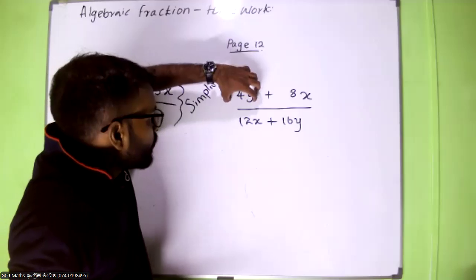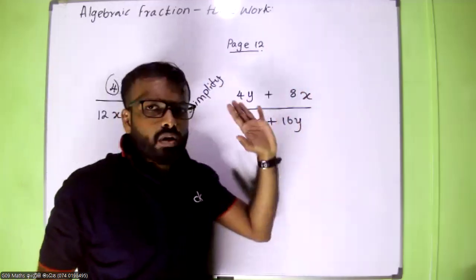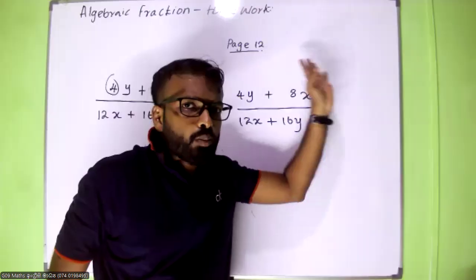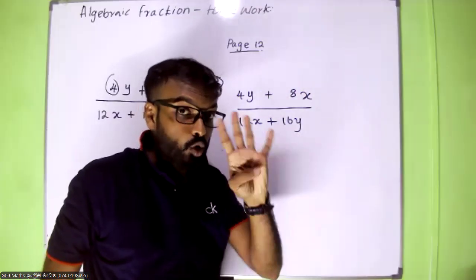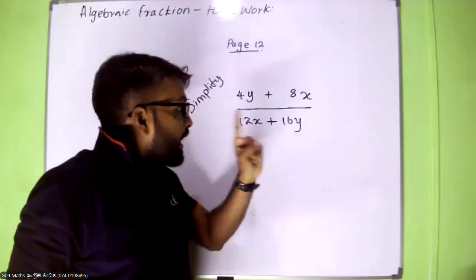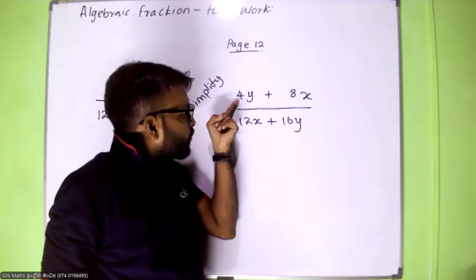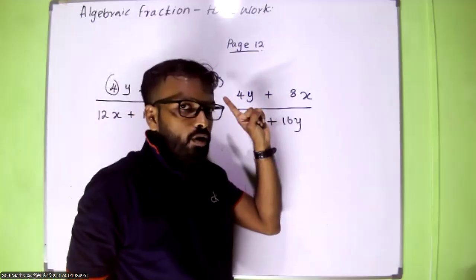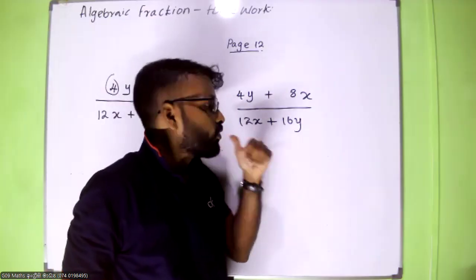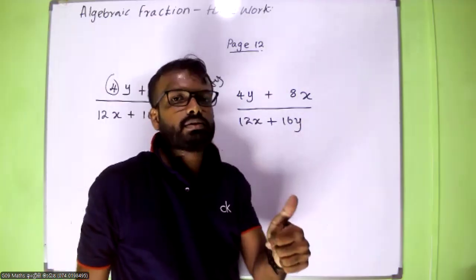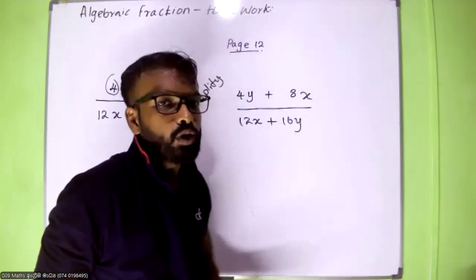But when it comes to here, what happens? Here we have first term, second term, third term, fourth term. There are total 4 terms in the numerator and the denominator. And what can you see here? 4, 8. 8 is a multiple of 4. 12 is a multiple of 4. 16? Yes, it is a multiple of 4. So what can you do?